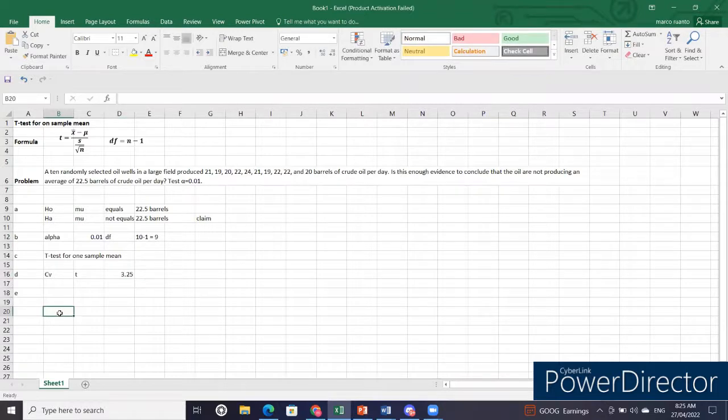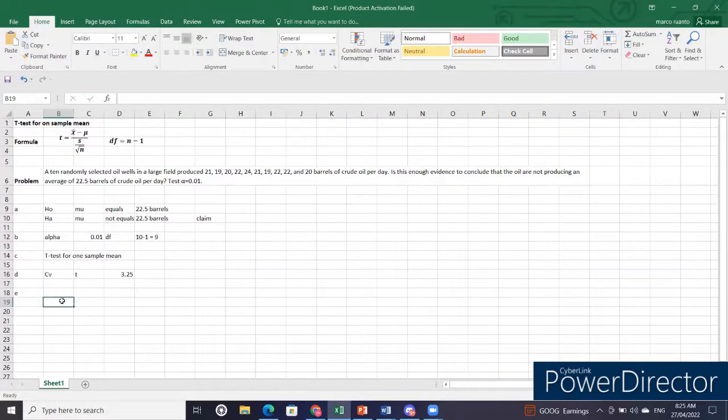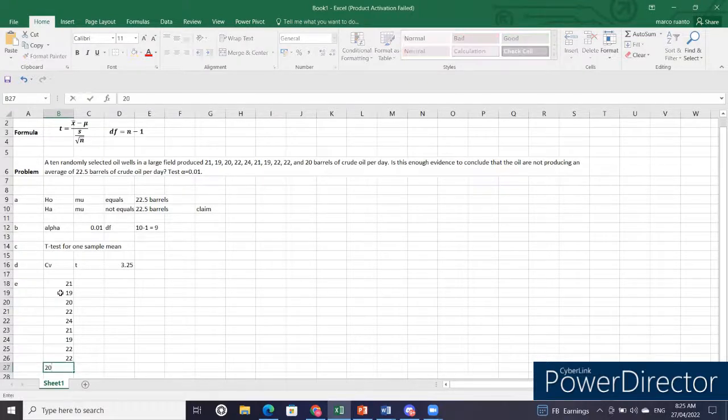Now let us compute the t-statistic. For the t-statistic, we need the mean and the standard deviation. To compute the mean, let us input first our data. We have 21, 19, 20, 22, 24, 21, 19, 22, 22, and 20.